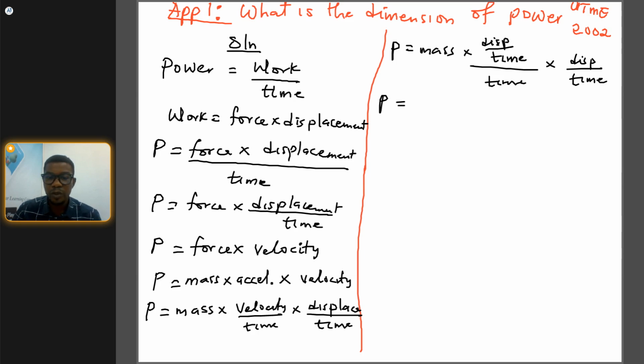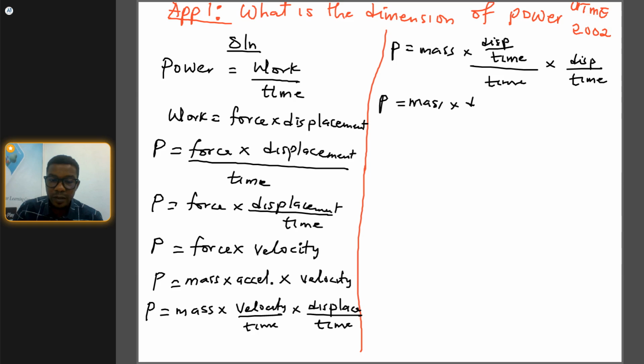Power equals, now let's simplify it. We have mass, of course, multiplied by displacement over time, and this time will come to the denominator.